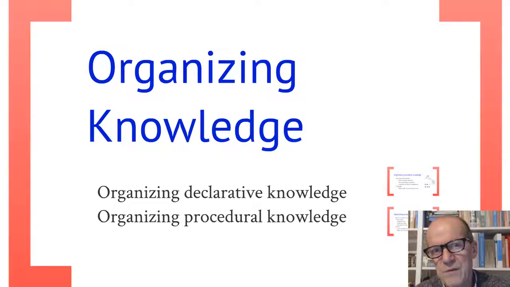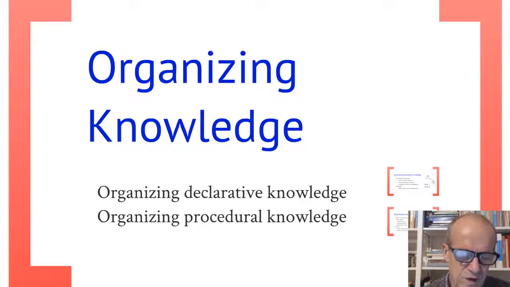So we have two types of transfer: the low road transfer and the high road transfer. The low road transfer is associated with developing skills, acquisition of cognitive skills, and the high road kind of transfer, the abstract conscious approach, is associated with the transfer of knowledge concepts being applied in new situations.